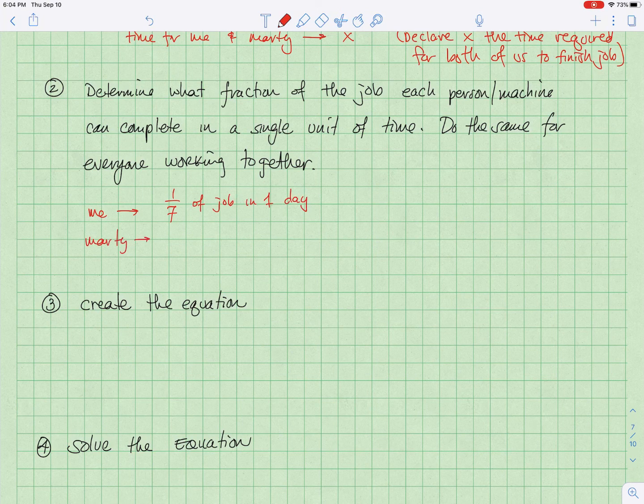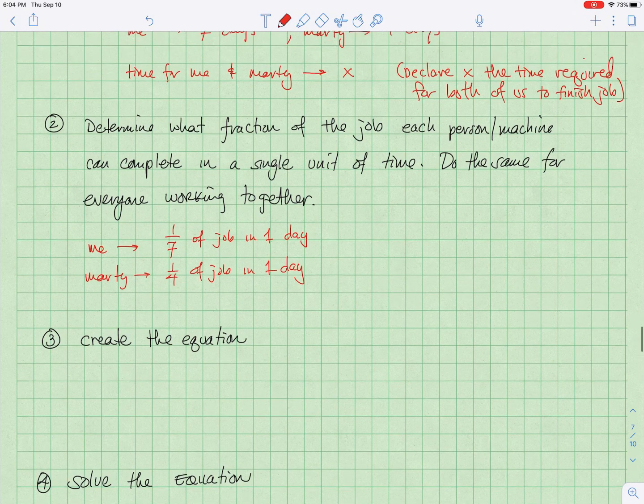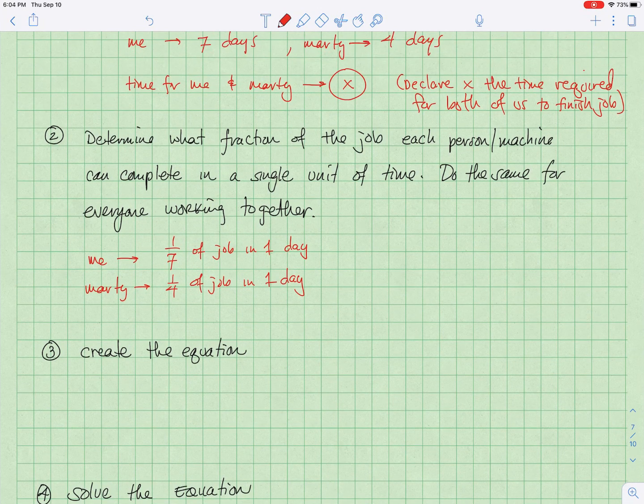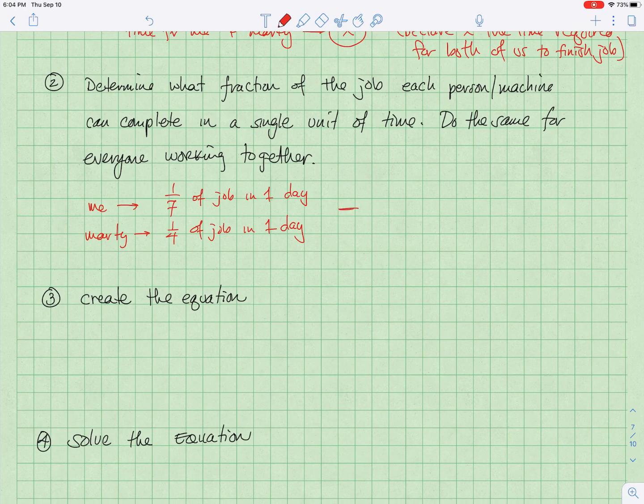Marty can do 1/4 of the job in one day. And if it takes X days for both of us to do the job, then both of us working together is 1/X of the job in one day.